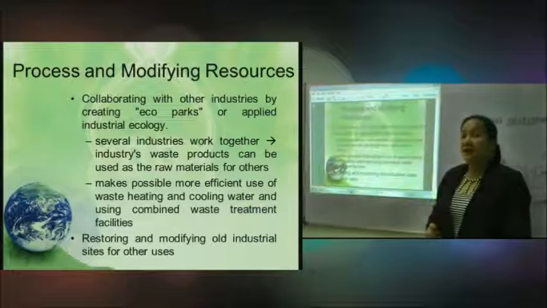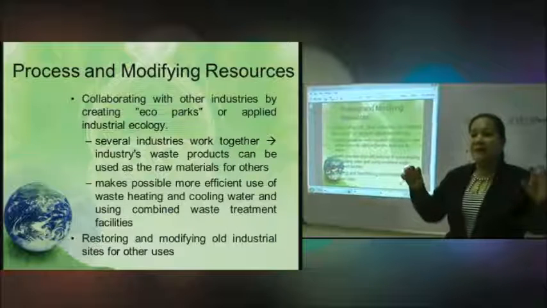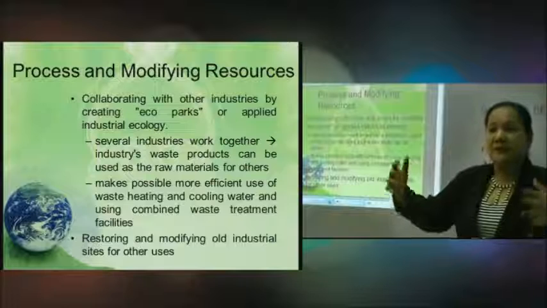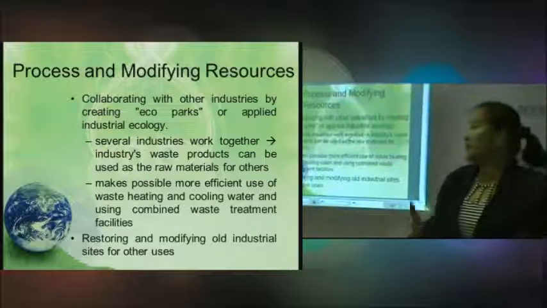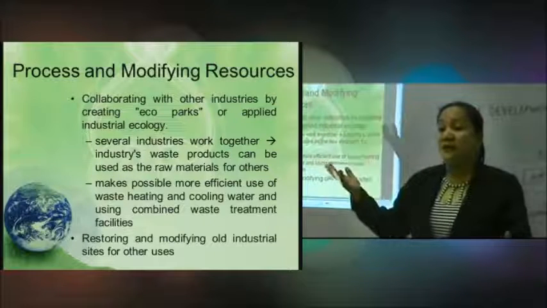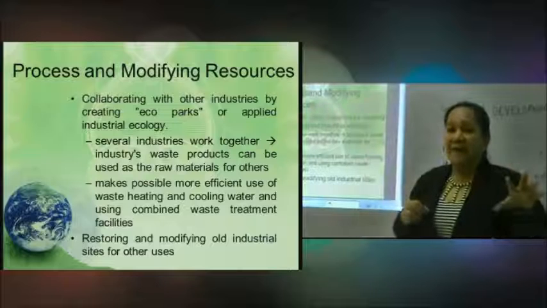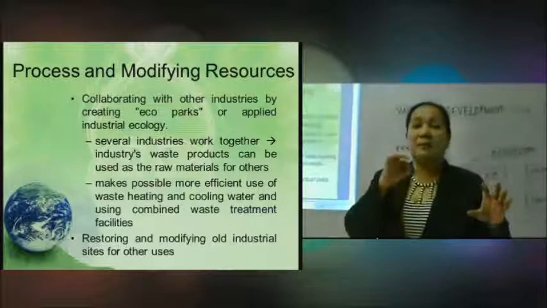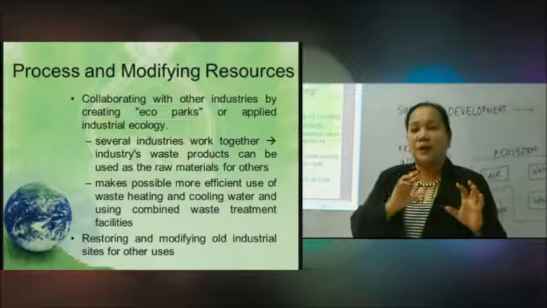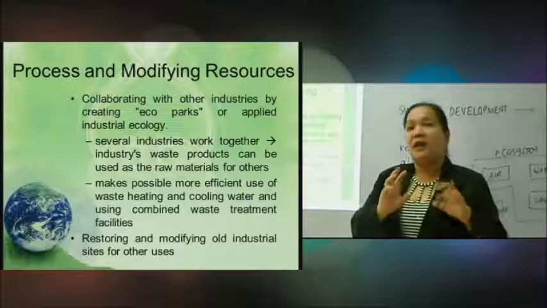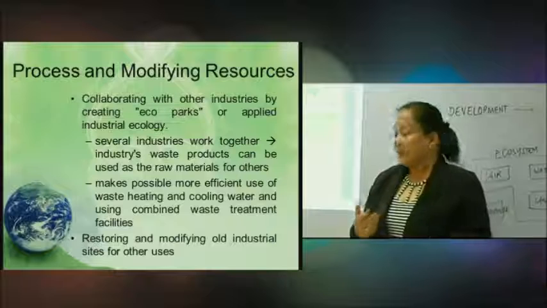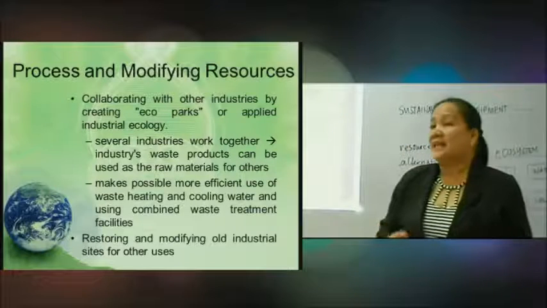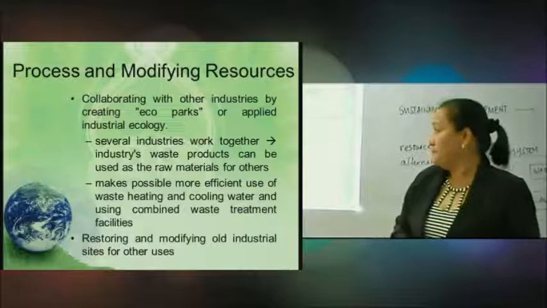So let's say you have company A, company B, company C, and D grouped together in a particular area, such as, let's say, Laguna. So company A waste would be probably utilized as a raw material of company B. This principle is actually what we call waste exchange system.